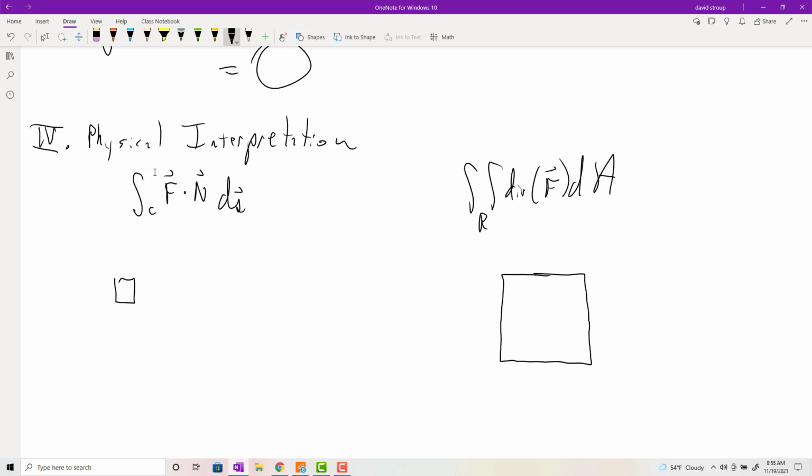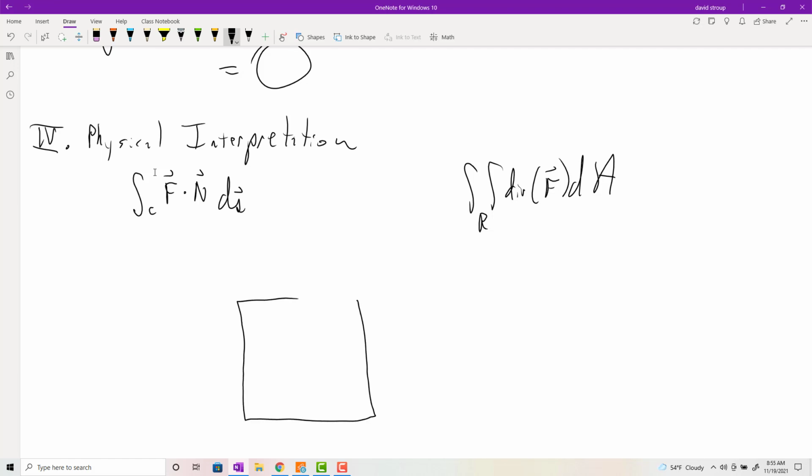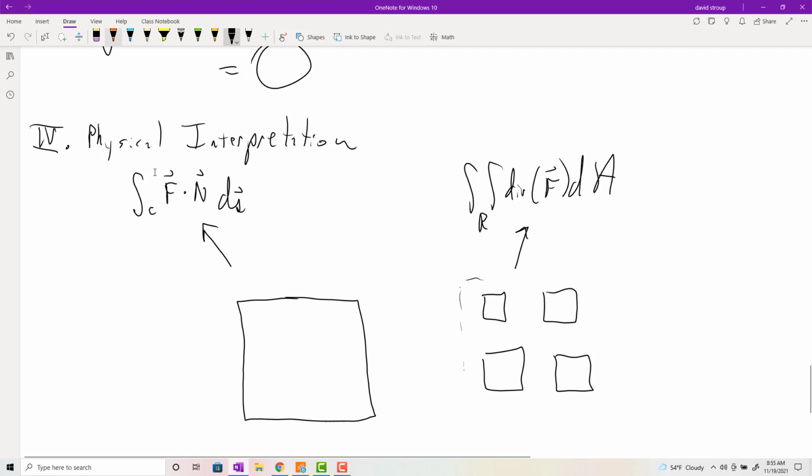So you're going to get two kinds of pictures here. You could figure out the integral by just going around the boundary, or you can figure out the integral by going into each individual block and seeing what's going in and out of the individual blocks. Okay. So the first integral is related to just going around the boundary and looking at the normal vectors and adding them up.